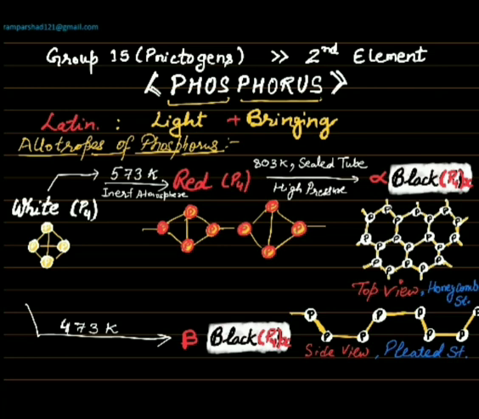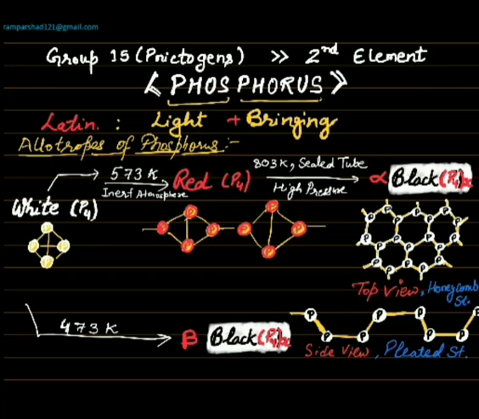Now finally the beta black phosphorus. Beta black phosphorus is a good conductor of electricity. Its structure is quite similar to the alpha black phosphorus, and it is prepared from the white phosphorus by heating it at a temperature of 473 Kelvin.